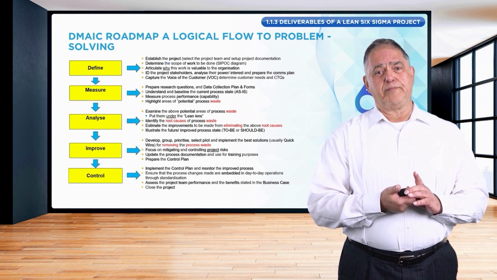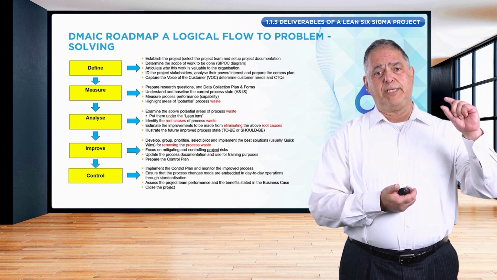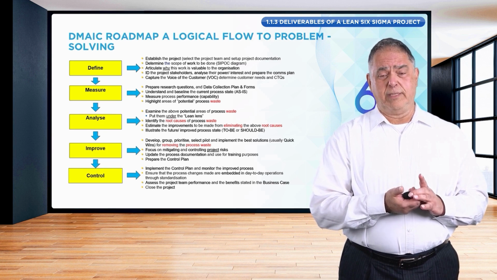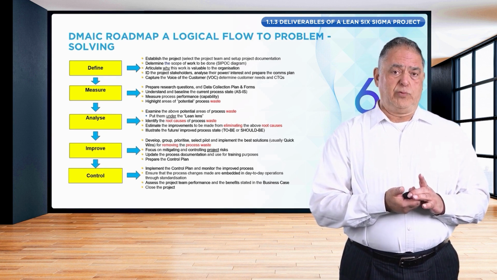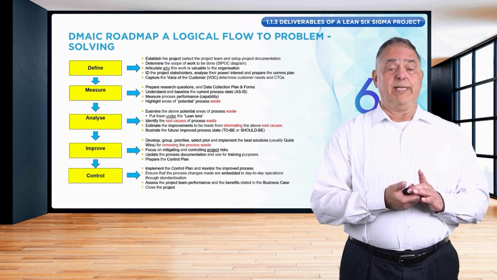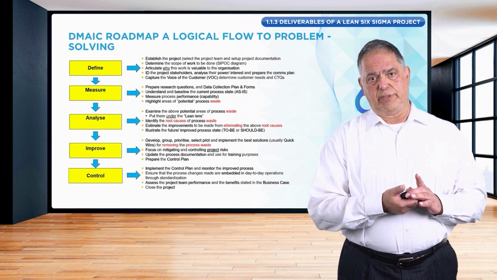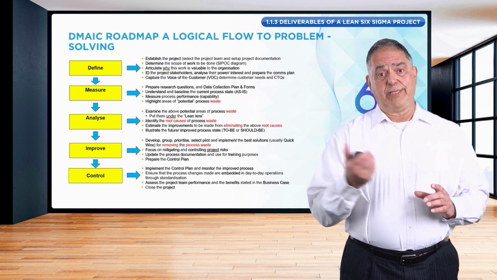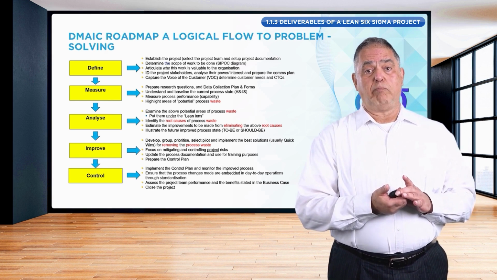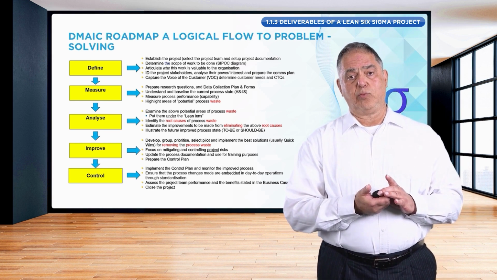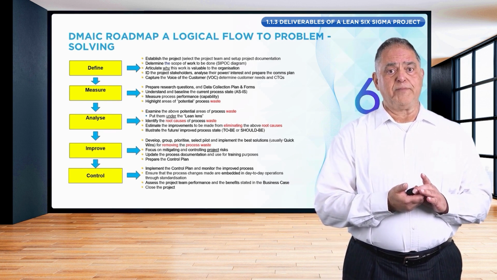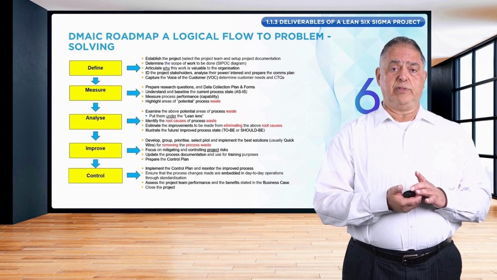In other words, when we select, let's say, the top solution in the quick wins bucket, the first thing we have to assess is the risk. If we make this change, is the risk acceptable to the business? Assuming that the risk is acceptable, next thing we have to do is to pilot the solution, in other words, to test and make sure that by making the change, the process actually improves.